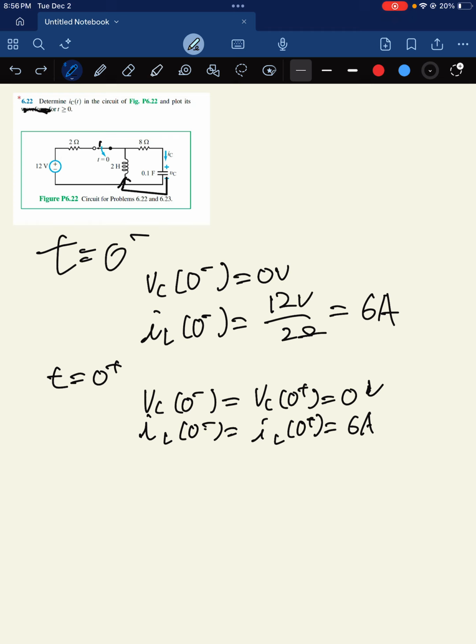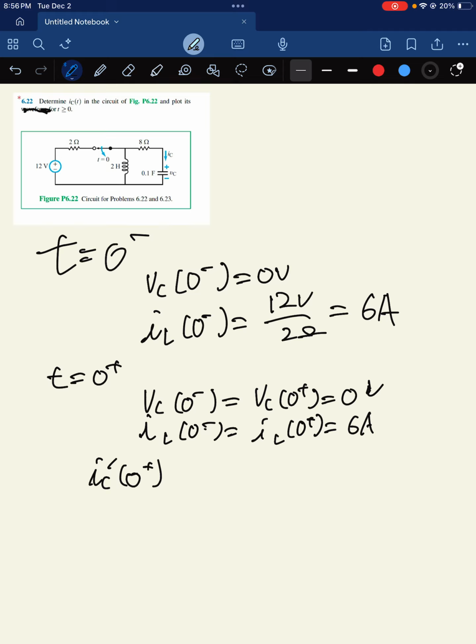So the capacitor is in series with the inductor, also in series with the resistor, right? So from here, I want to find IC prime of 0 plus.